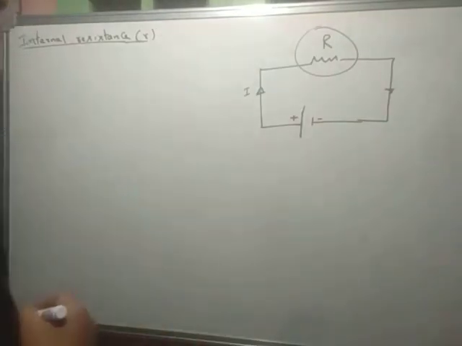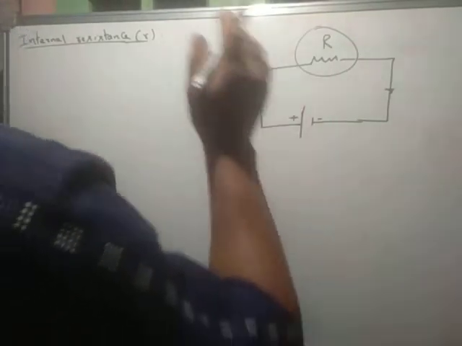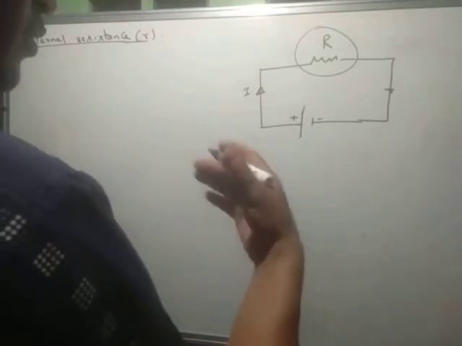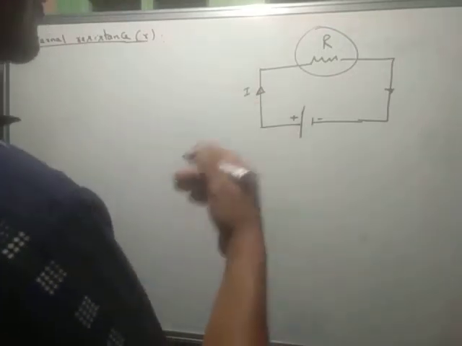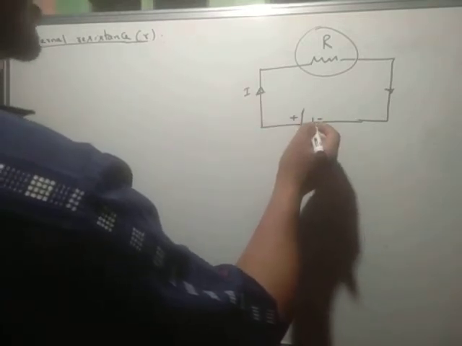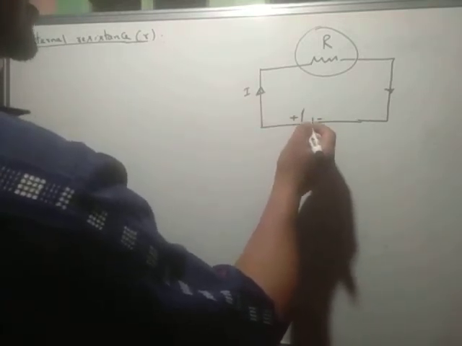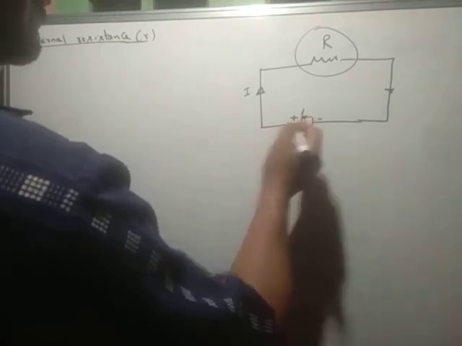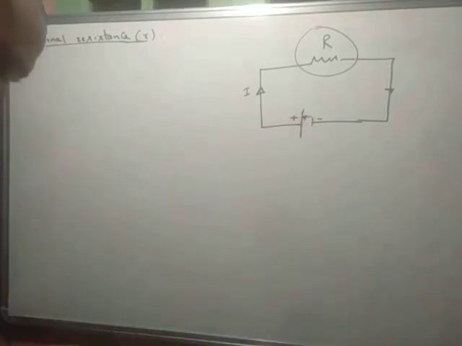All right, now in order to make a continuous motion of current, the current inside the cell should be passing from the negative terminal to the positive terminal of the cell.